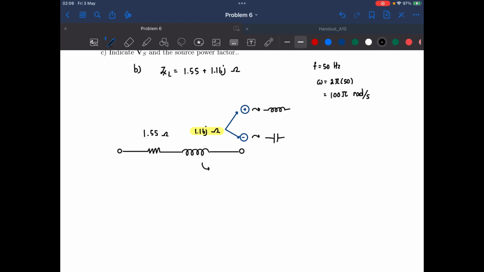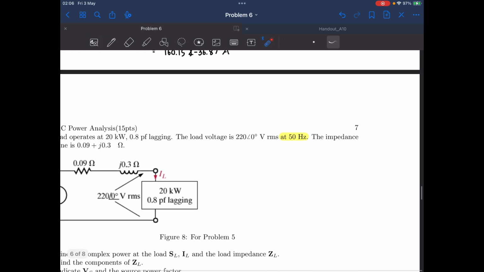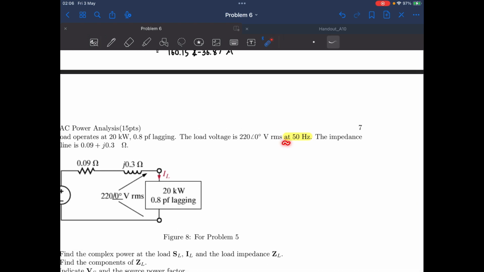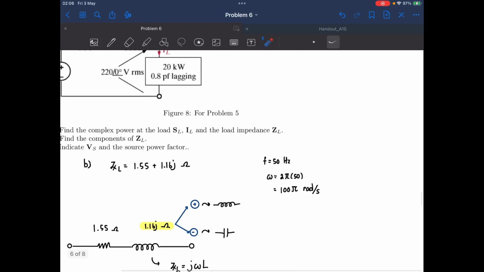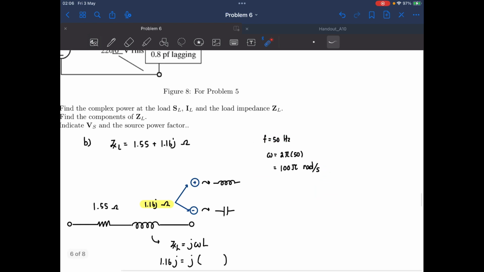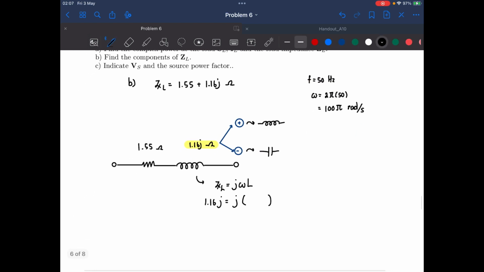And we know more that the ZL is equal to j omega L. This is equal to this, which I have to tell you more that in this system we have the frequency equal to 50 Hertz, which means that we will have an omega equal to 100 pi radian per second.